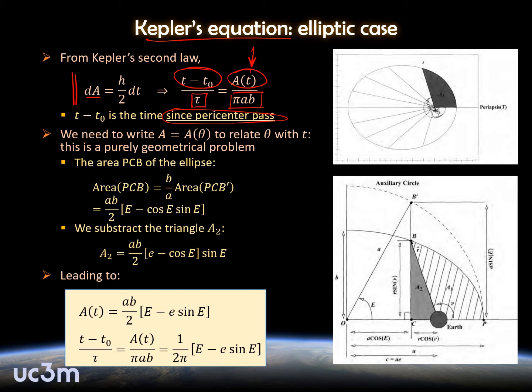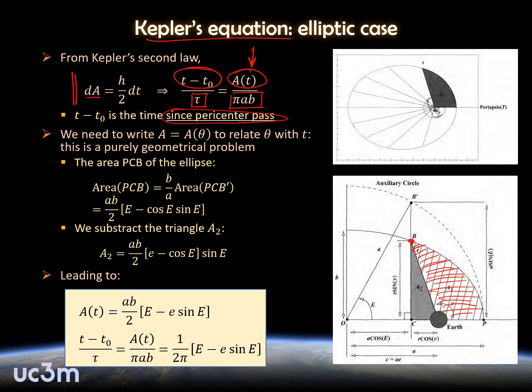That area, for when the body is over here, is this area that has been shaded in the drawing. It's part of the area of the ellipse, and of course it's an area that is difficult to determine right away. So we are going to have some workarounds in order to find it.